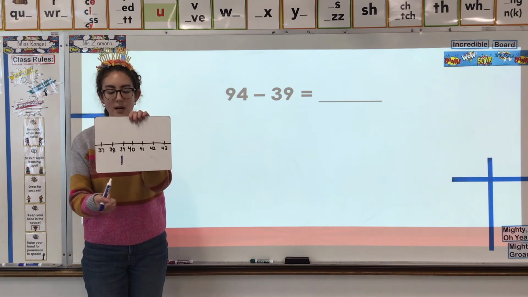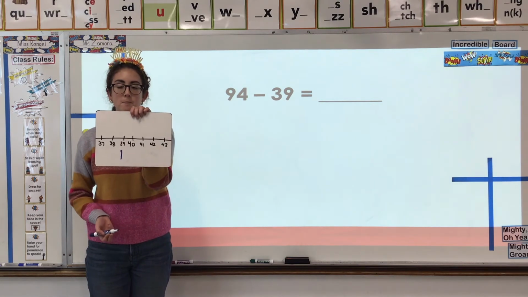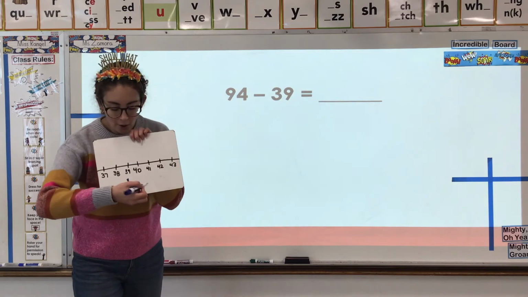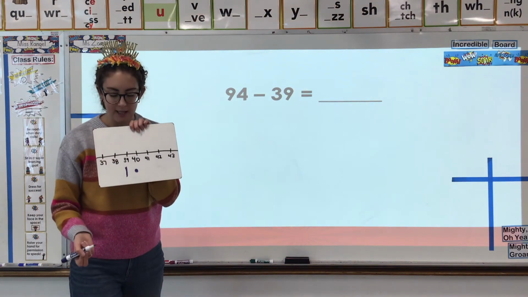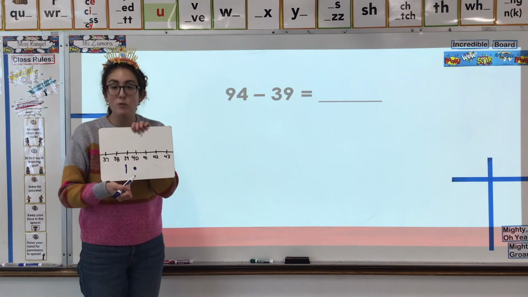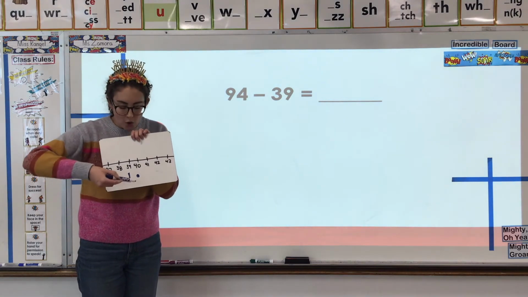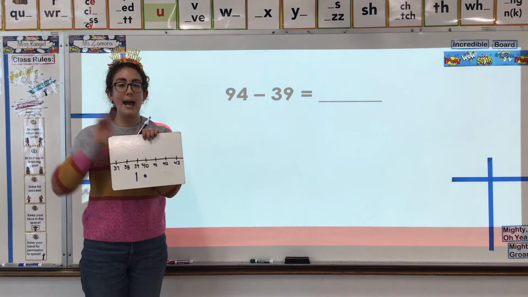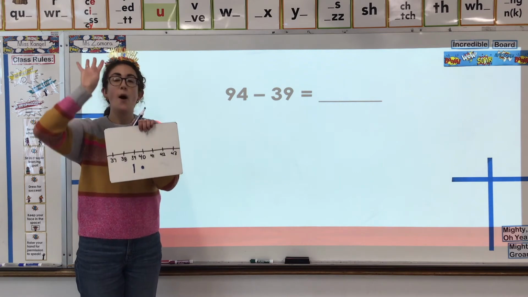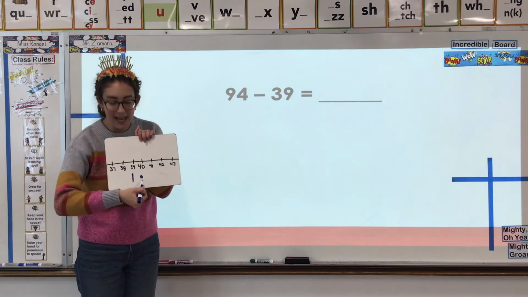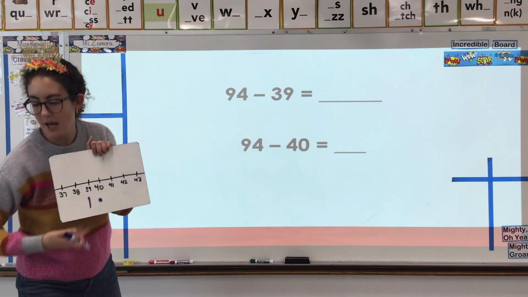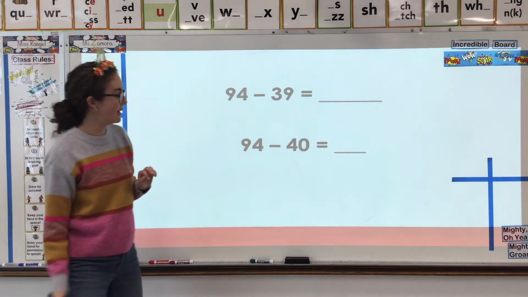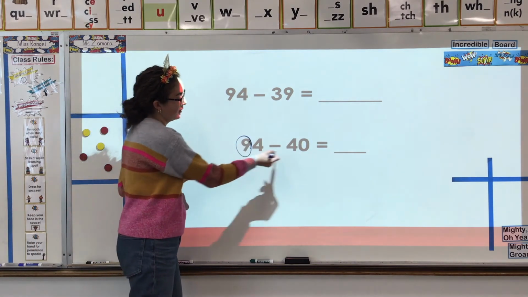What tens number is really close to 39? Our 40 again, exactly. 39 is right next to 40. So we can quickly take away 4 tens instead to make it simpler for ourselves. So what is that? 94 minus 40.